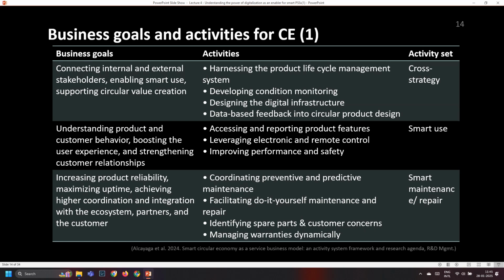So you see on the left-hand side business goals, for example, connecting different actors, and the second one is about understanding product and customer behavior, and so on. The third one is product reliability, lifetime extension, and so on.